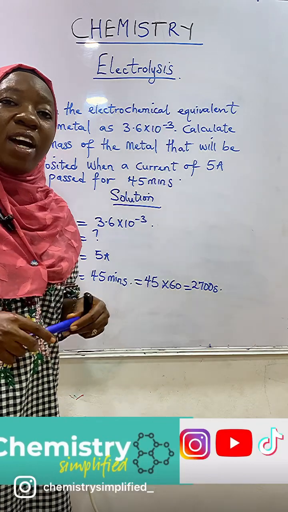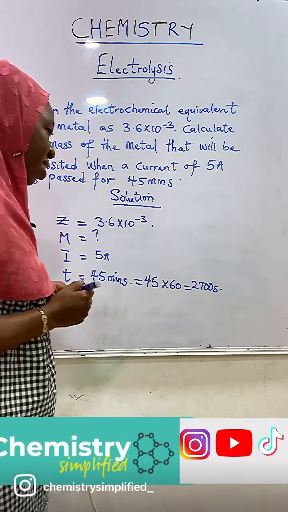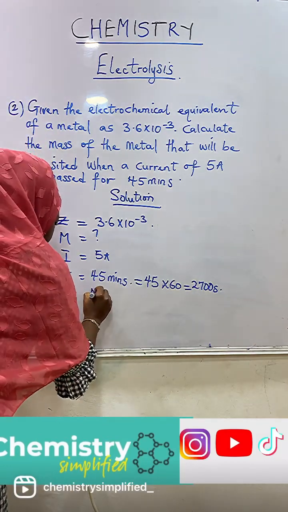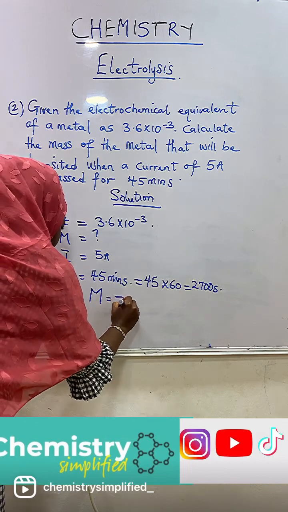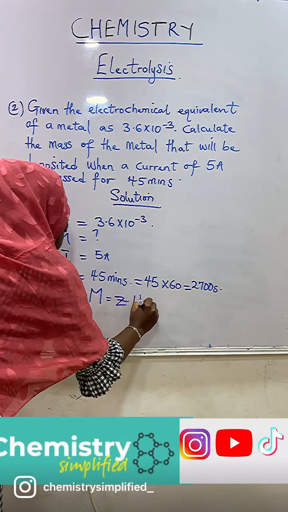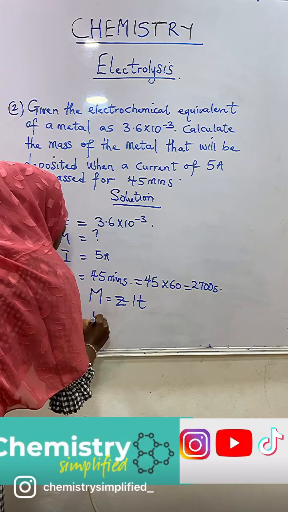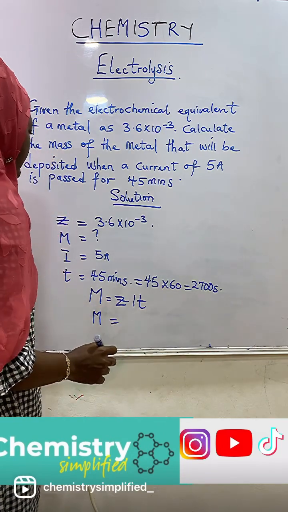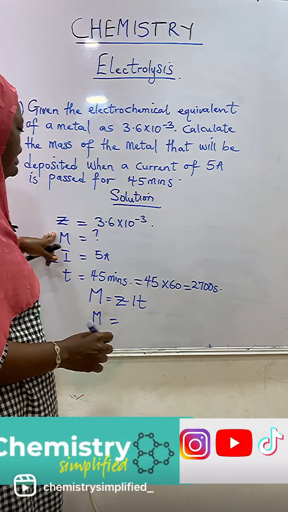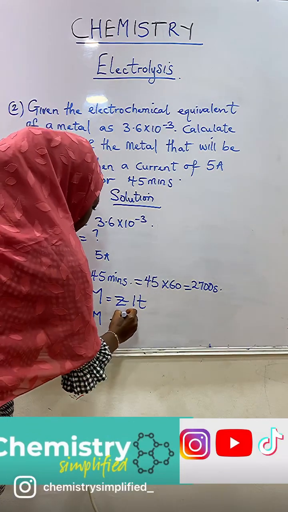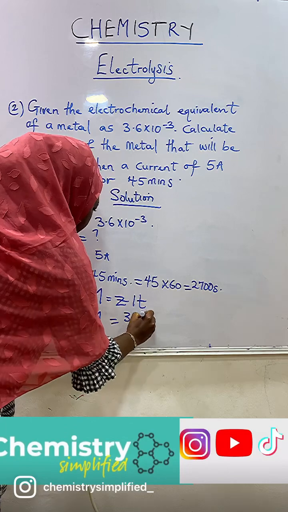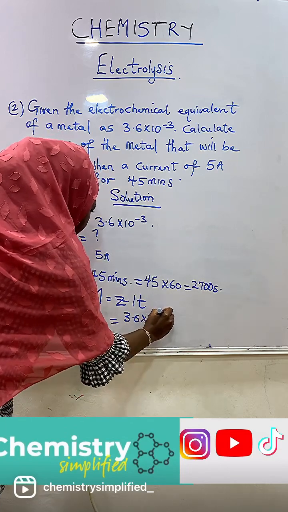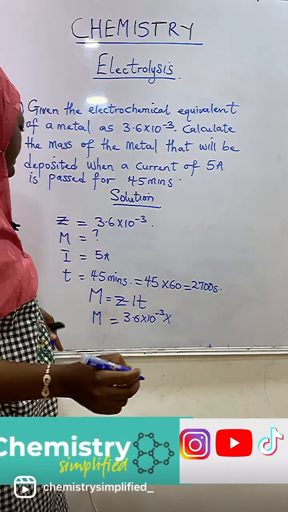Based on the 3 formulas I gave, which one do you think is appropriate for this particular question? Yes, the one that we can use for it is our M equals Z, I, and T, right? So this is what we are looking for, our mass. What is our Z? Our Z is 3.6 times 10 raised to power minus 3, multiplied by, what is our I?